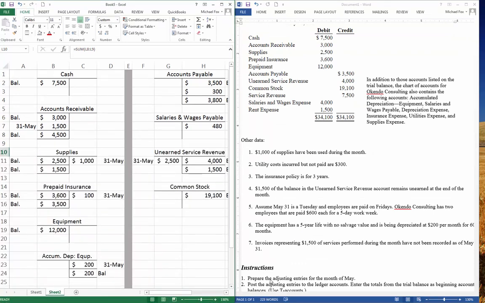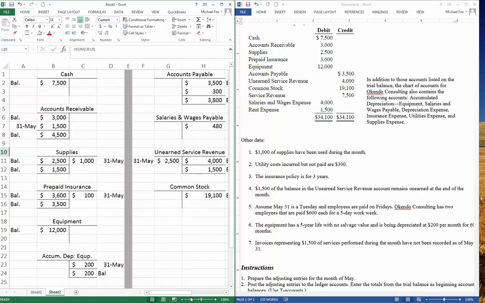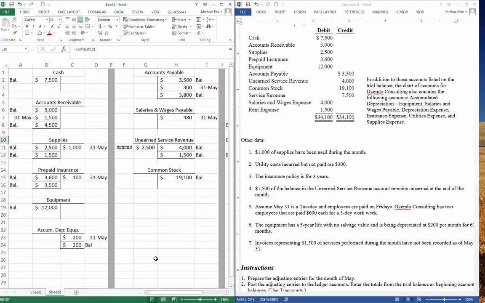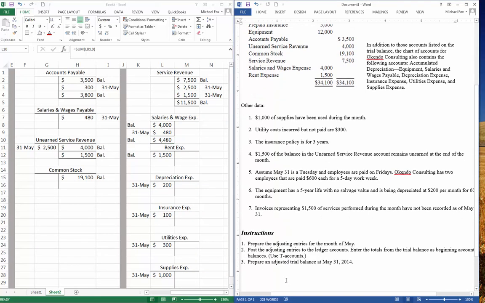All right, so we did the adjusting entries. That was here. Then we did the ledger accounts in the form of T accounts, which is what we just did here. And then the final thing we have to do is prepare an adjusted trial balance.